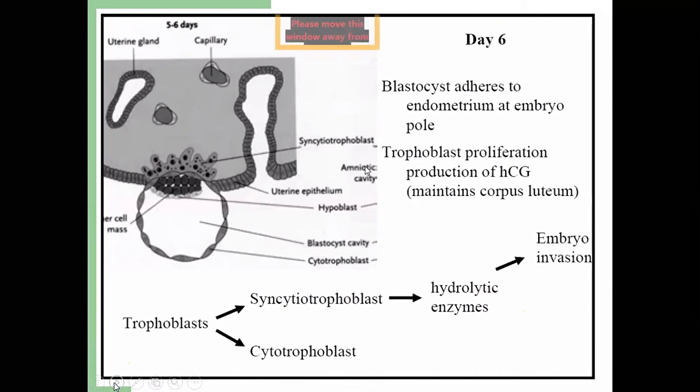But the cytotrophoblasts are the inner cells, and they are distinct cells from each other. They have the nucleus. The cytotrophoblast will just be a group of cells. Next slide.